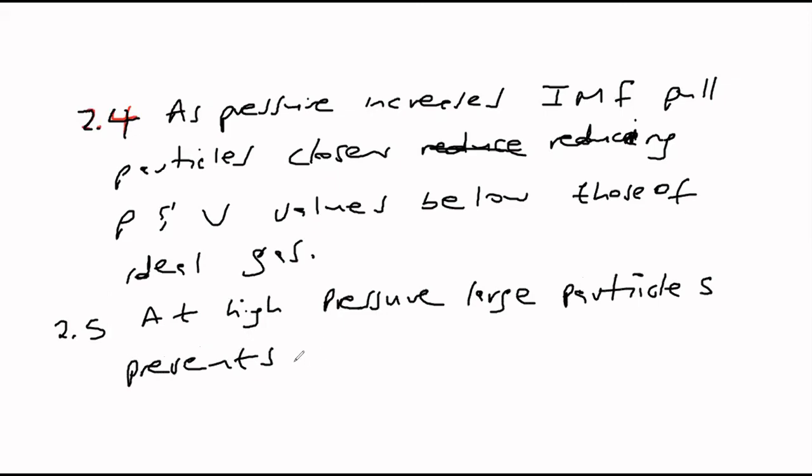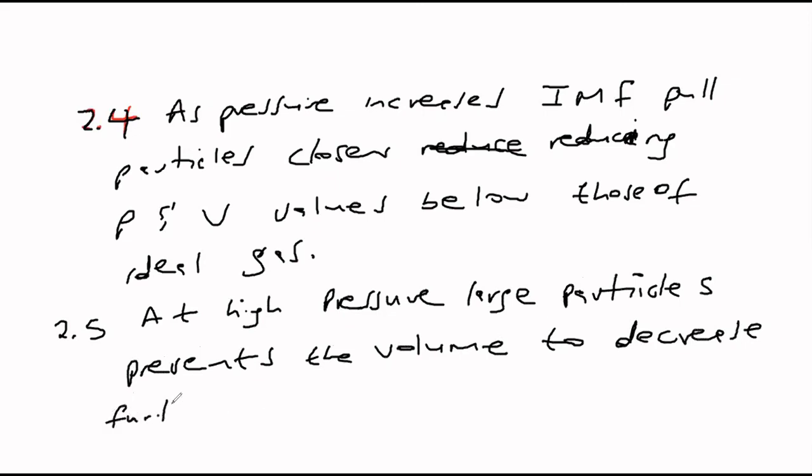They prevent the volume from decreasing further, as it would for ideal gas. So for ideal gas at high pressure, the volume was going to decrease to 0.